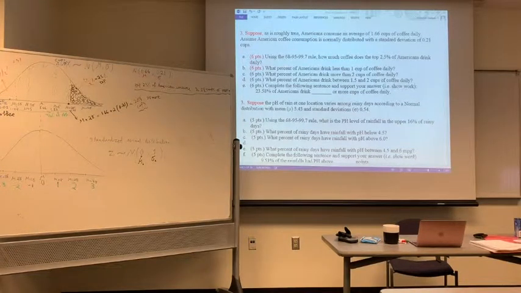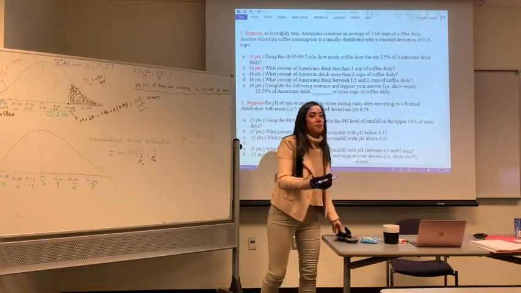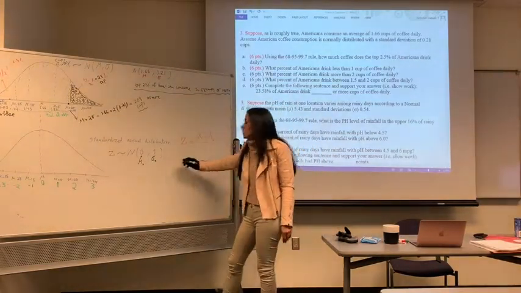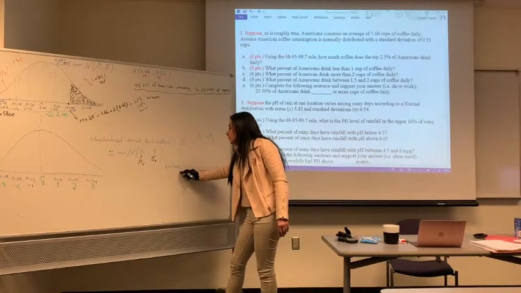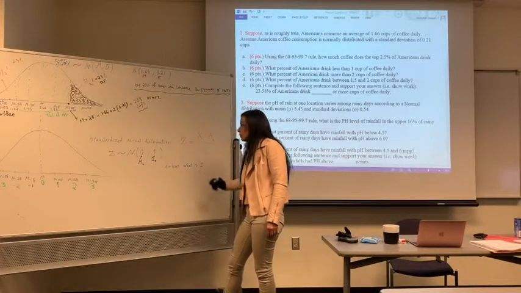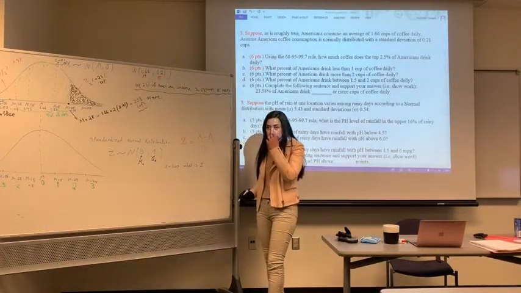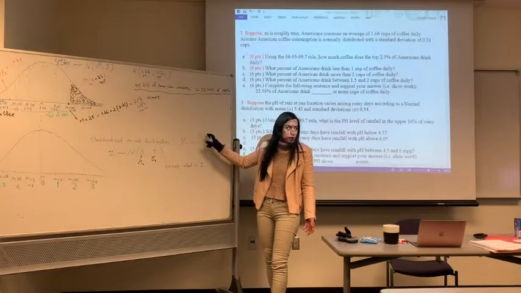Now I want to find the Z value for X equal to 1. What does that mean? I'm talking about 1 cup of coffee, correct? And I want to standardize that X and find the Z for it. So if X is equal to 1 cup of coffee, what is the Z value for this X? You use the formula, correct?